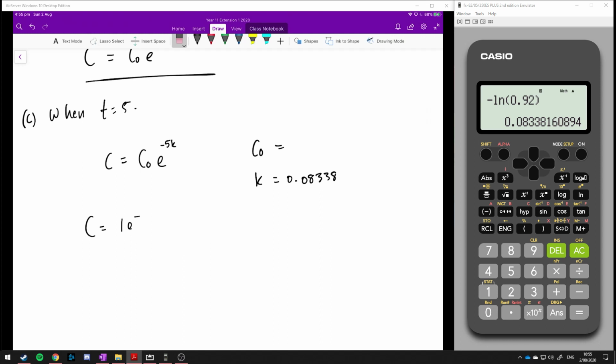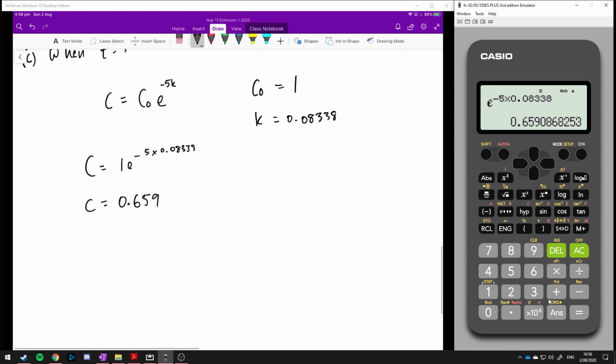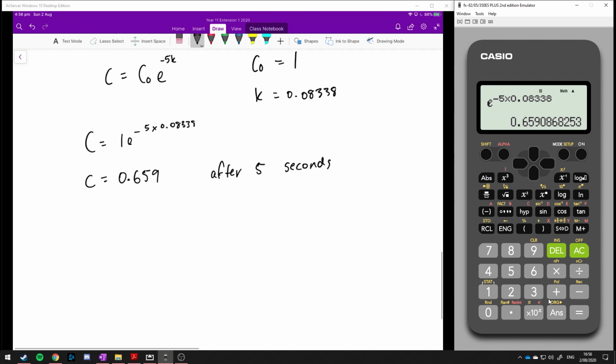So I'll just write that over here. So minus 5 times 0.08338. So C is equal to, and we're going to put this into our calculator, e to the negative 5 times 0.08338. And it's going to give us 0.659. So after 5 seconds, this is how much charge it has left.